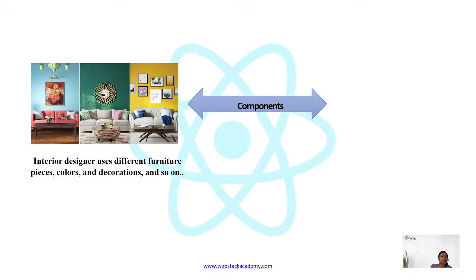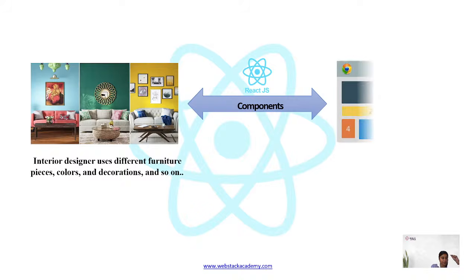Are you going to live inside a house where painting is not done, furniture is not there, kitchen is not there, sofa is not there, dining table is not there, bed is not there, nothing is there? No. So the small parts combine together and build one complete, beautiful house. So these small parts are known as the components.